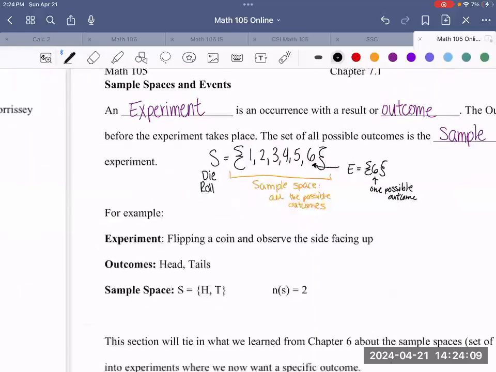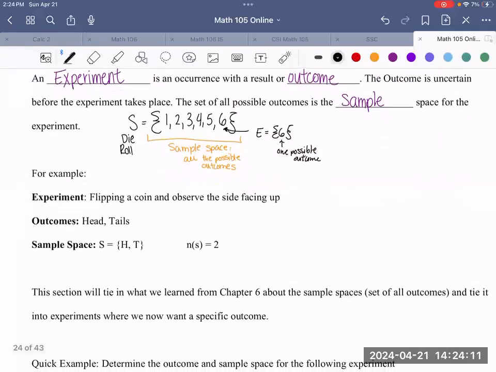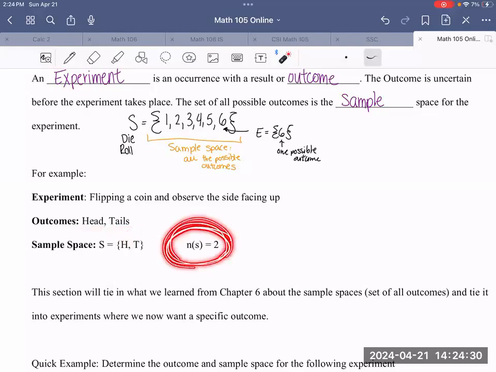So for example, let's say in our experiment, we're going to flip a coin and observe the side facing up. Your outcomes on the coin is either a heads or a tails. So your sample space, we list out all of your different outcomes. So it's going to be either a heads or a tails. So the cardinality, the total number of options that we can have is a 2, either a heads or a tails.